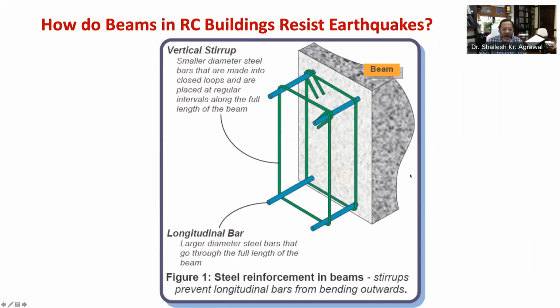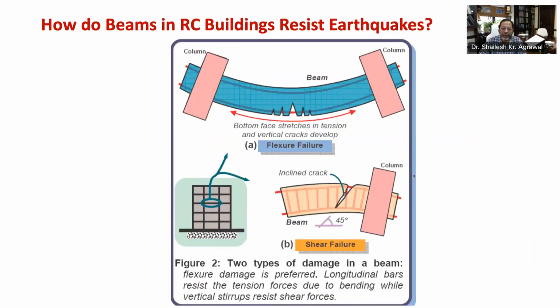Now let's see how beams sustain failure during an earthquake through figure number 2. There are two basic types of failure: flexure or bending failure, as shown here in figure 2a. As the beam sags under increased loading, it can fail in two possible ways.